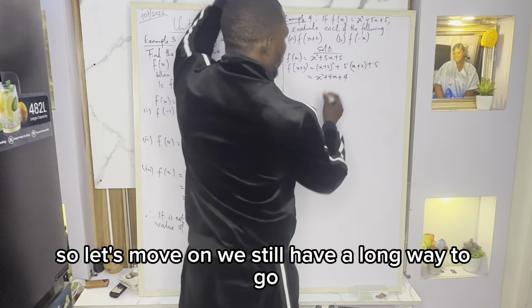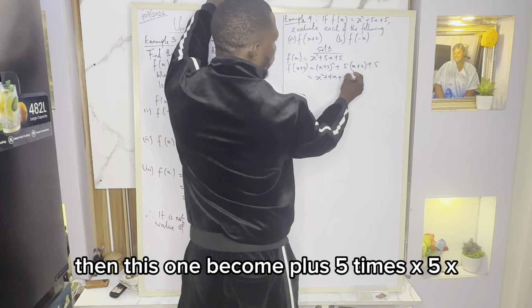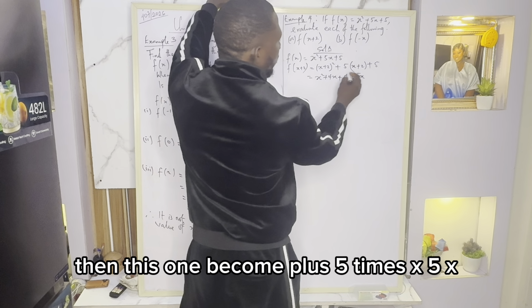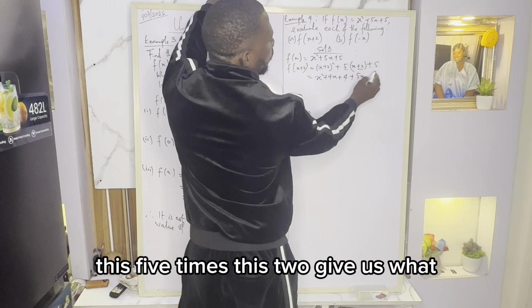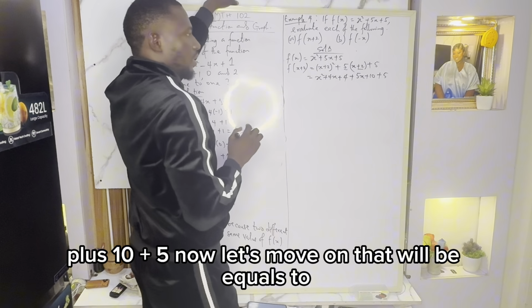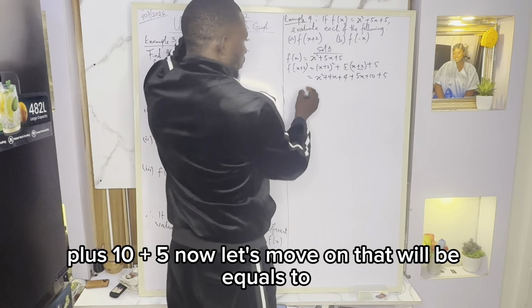So let's move on. We still have a long way to go. Then this one becomes plus 5 times x, 5x. This 5 times this 2 gives us what? Plus 10, plus 5. Now let's move on. That will be equal to, let's try to collect the like terms.